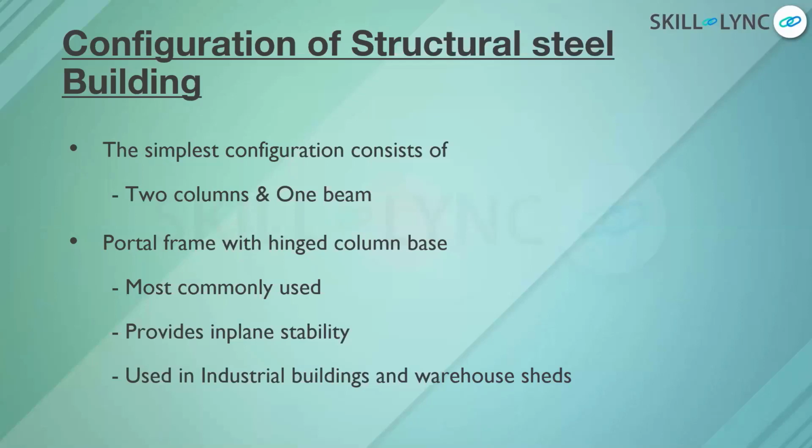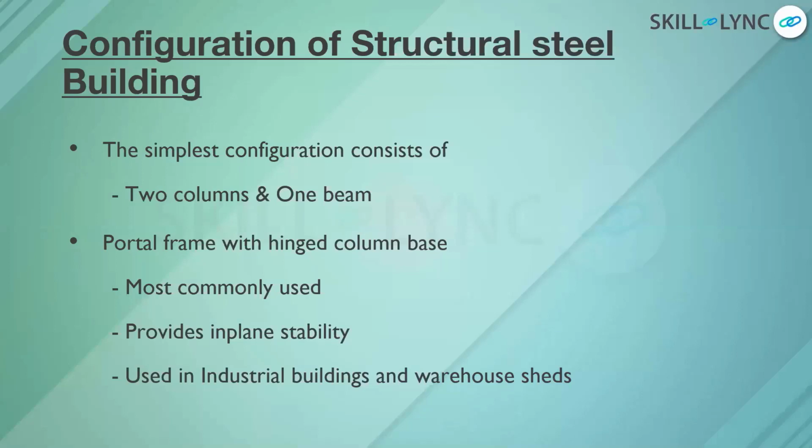This forms a continuous frame structure stable in its plane and provides a clear span that is unobstructed by bracings. These framed structures are widely used in industrial factories and warehouse structures.